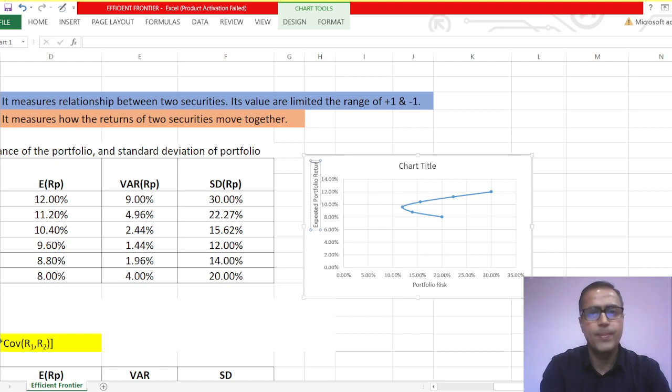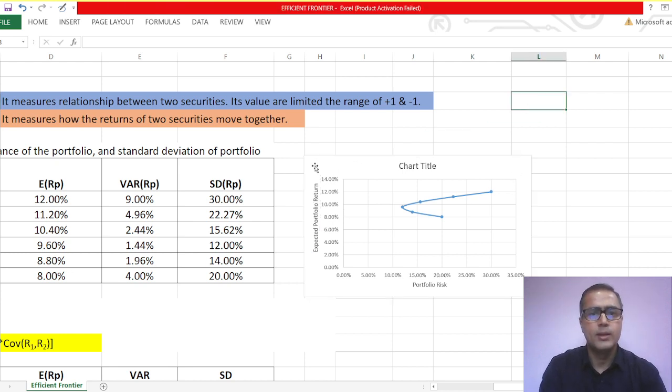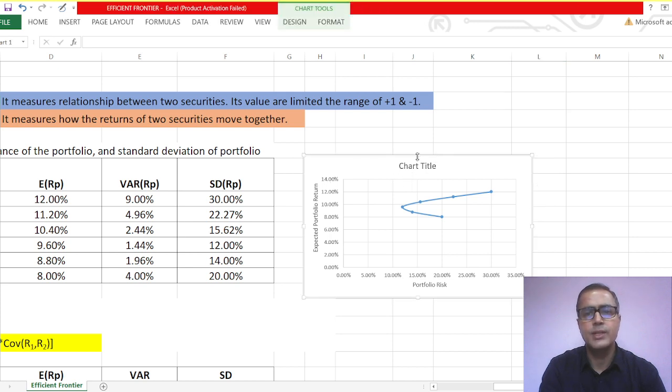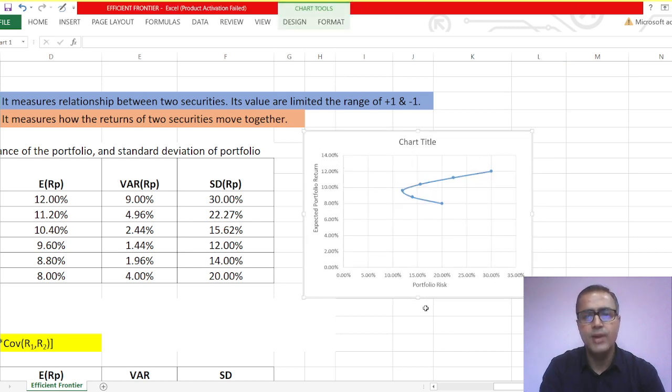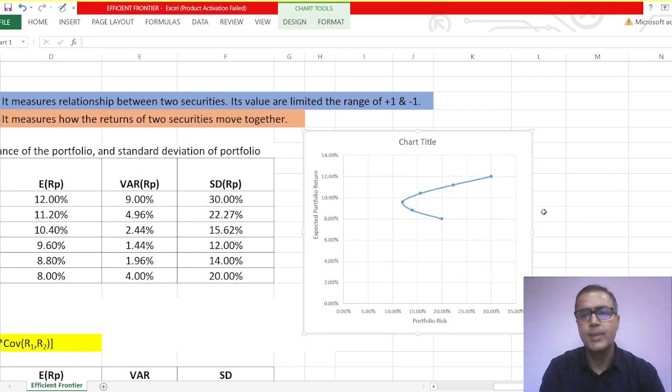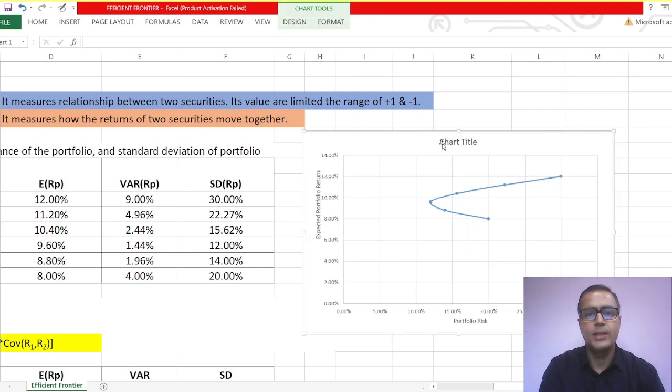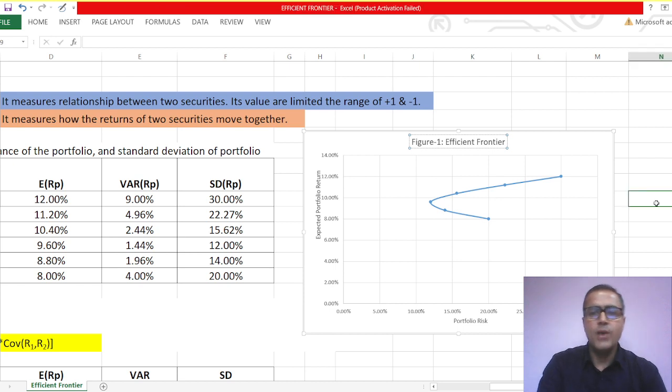We could just maximize our graph as per the need, so that we could better explain the figure. And for the chart title you can use Figure 1, Efficient Frontier.